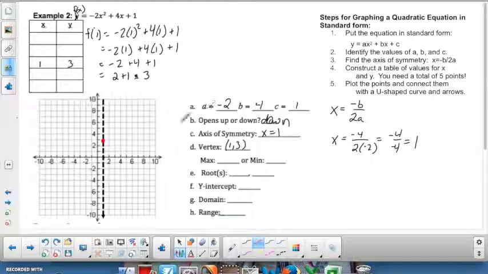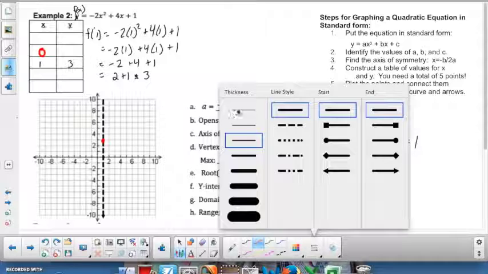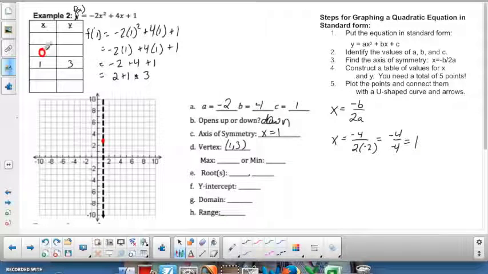Next, we're going to start constructing our table. I always like to choose 0 as one of my values. 0 is less than 1, so I'm going to put it right there. That's because choosing 0 for your x is going to give you your y-intercept, which is good to have. So let's do f of 0 then.